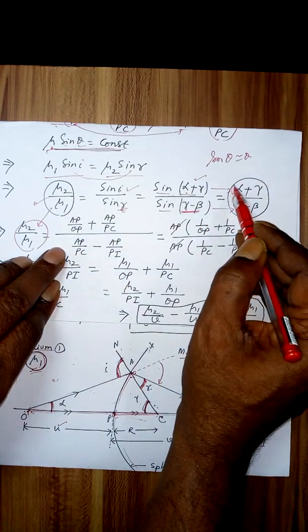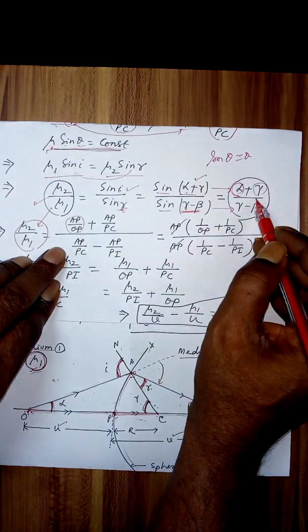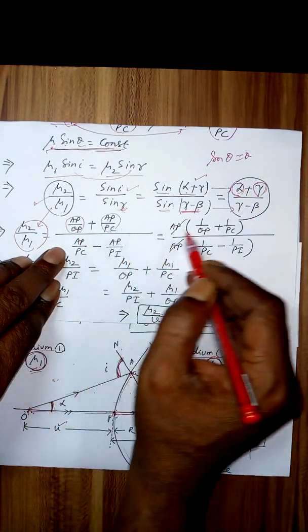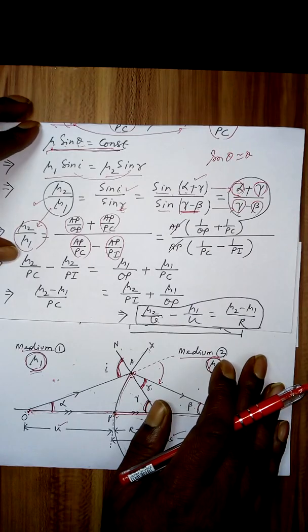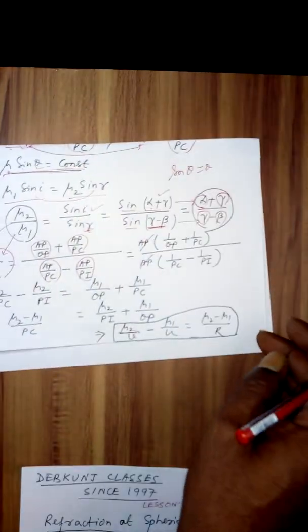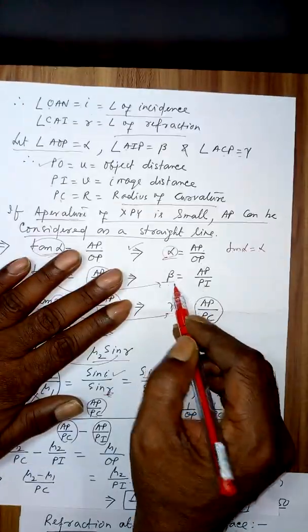Now the value of alpha is this, the value of gamma is equal to this, and the value of beta is equal to this, which I have just explained. Here, alpha, beta, and gamma.